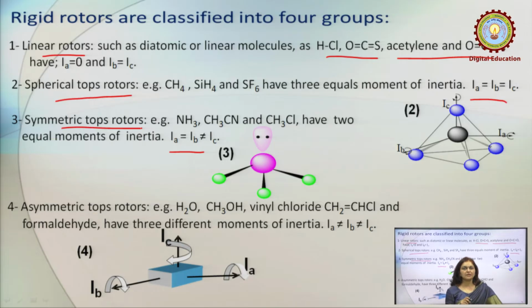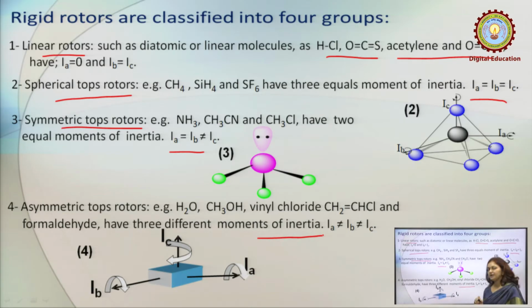Fourth one is asymmetric top rotors. For example, water, methanol, vinyl chloride and formaldehyde have 3 different moments of inertia. It means along x, y and z axes, all moments of inertia are different, they are not equal.